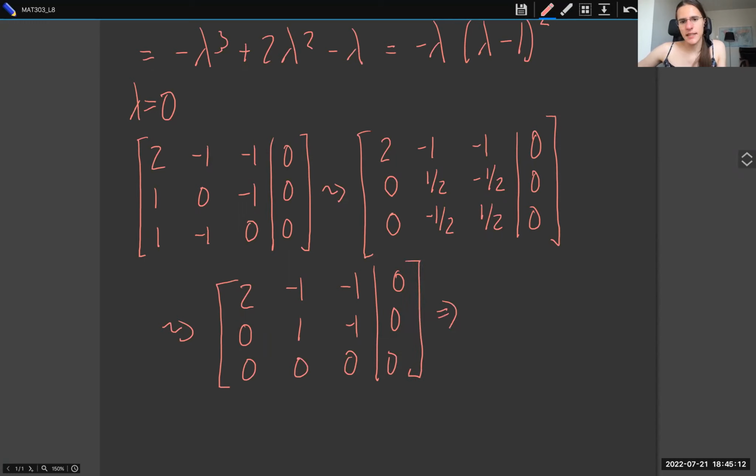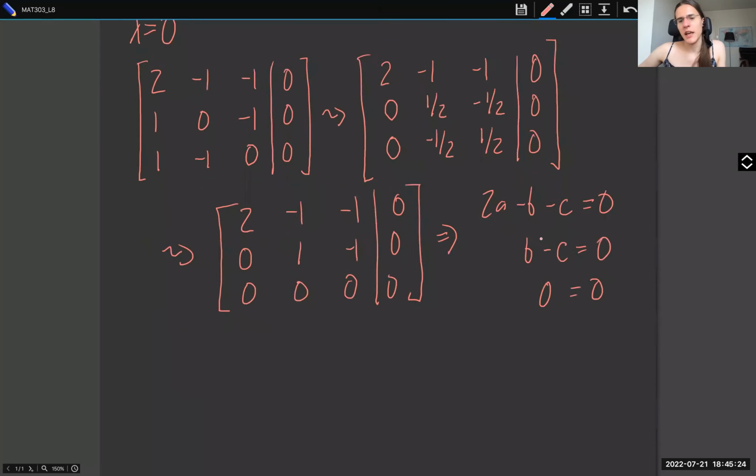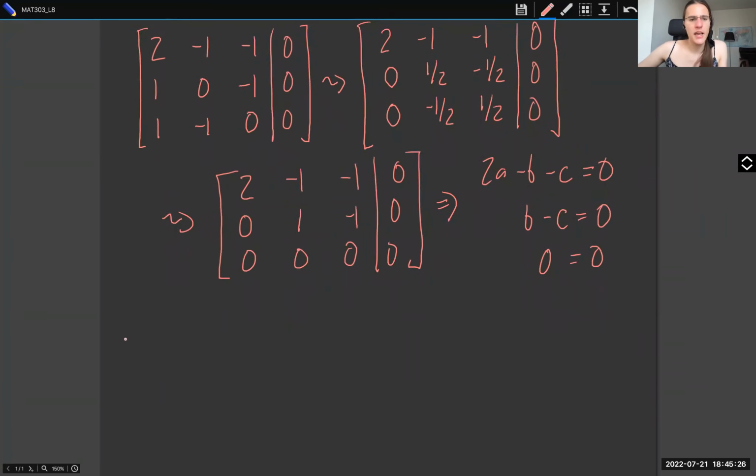So what that tells us is that 2a minus b minus c is equal to 0. B minus c is equal to 0, and 0 is equal to 0. So b equals c. And then the question is, what is a? Well, let a be 1.